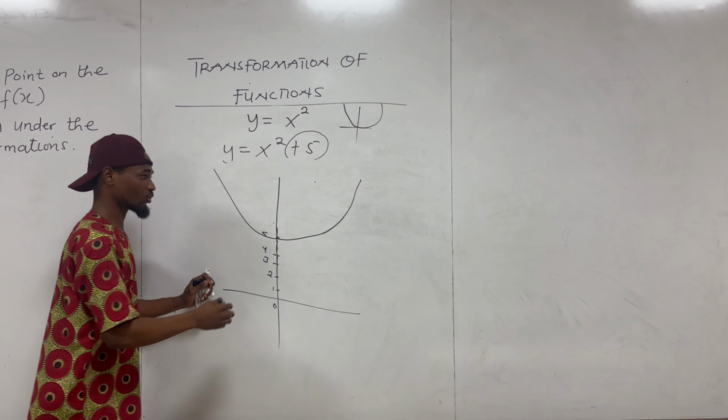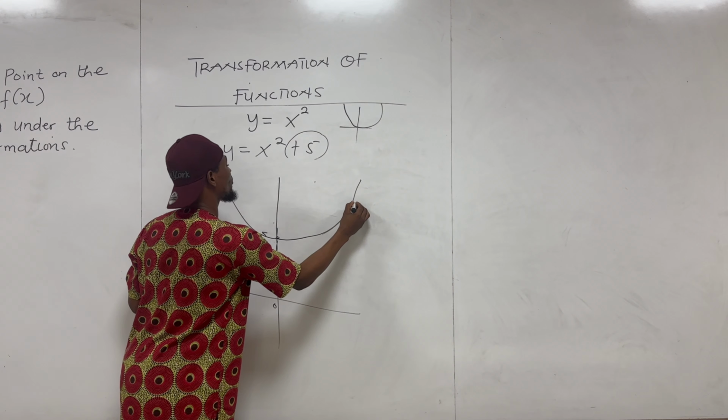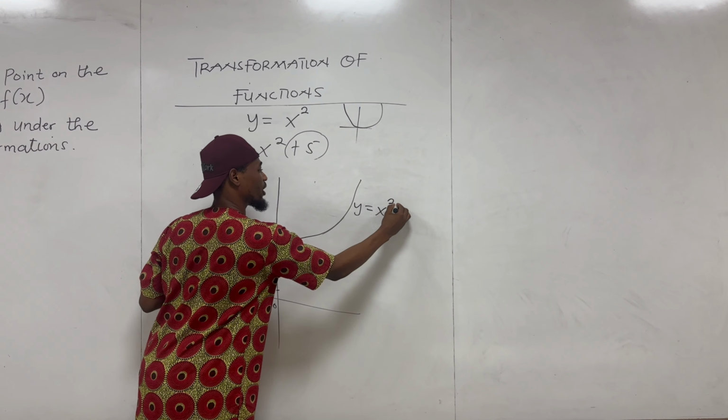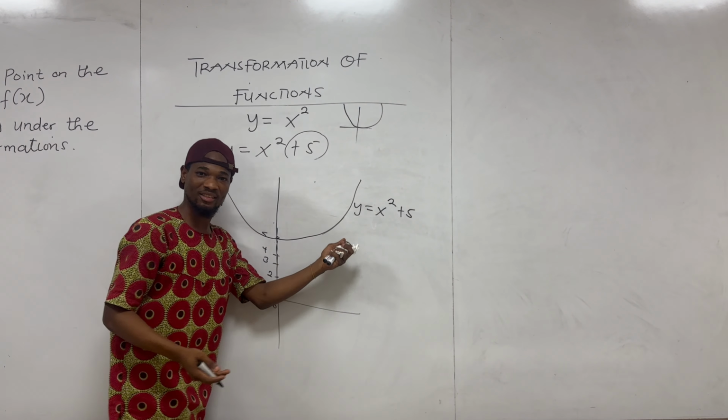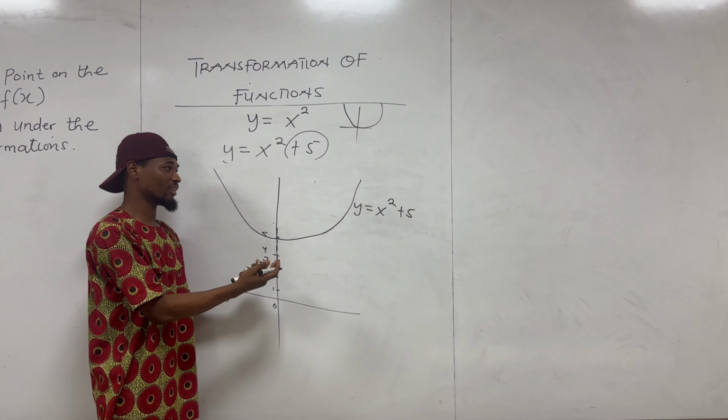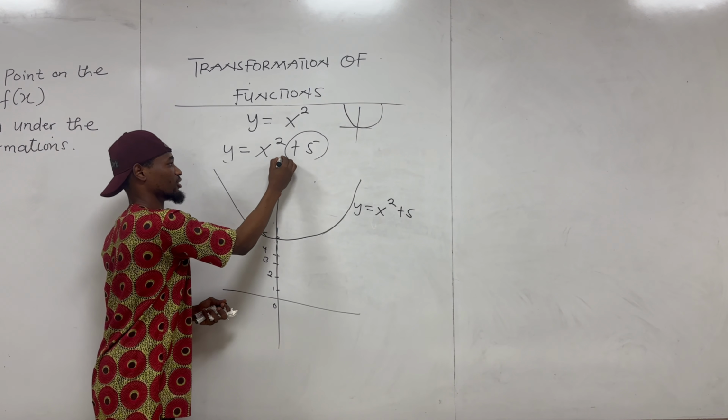Do you get it that way? So this is y is equal to x squared plus 5. This is how it is done. So this is my y.